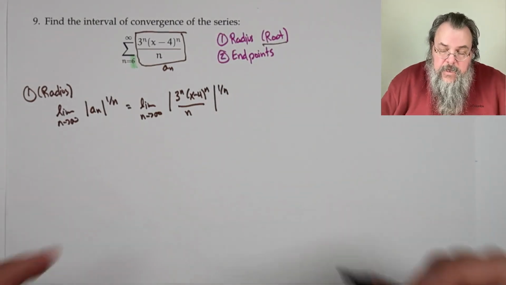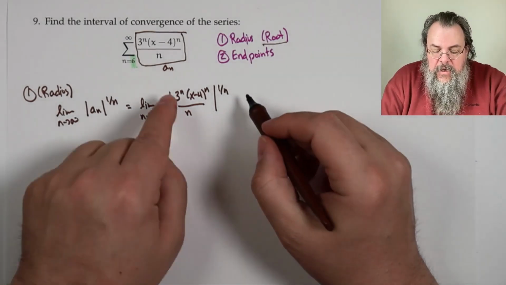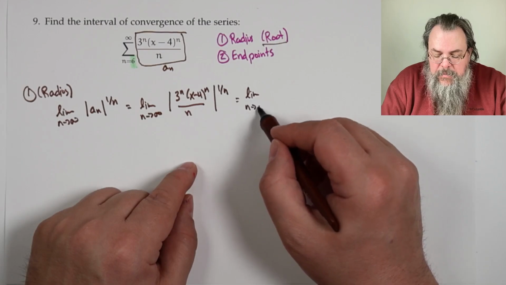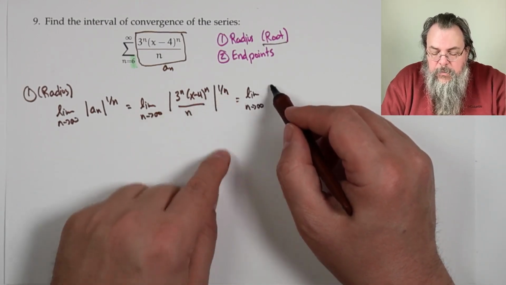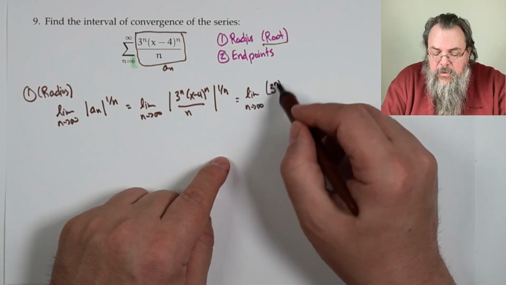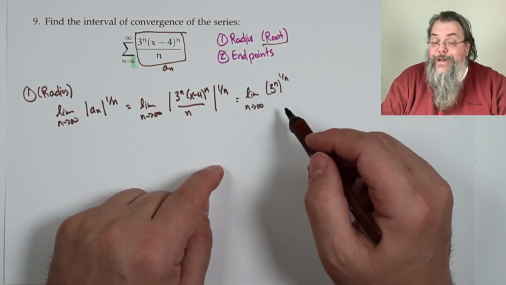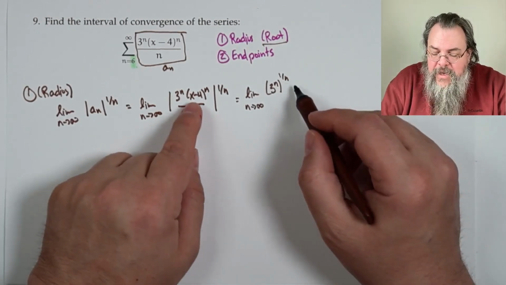We're going to push the absolute value in and push the nth root in, and add a few things that we would probably do automatically. 3n to the 1 over n, we'll write as 3 to the n to the 1 over n. Almost always we skip this step and say, hey, that's a 3, but we'll write it down this time.